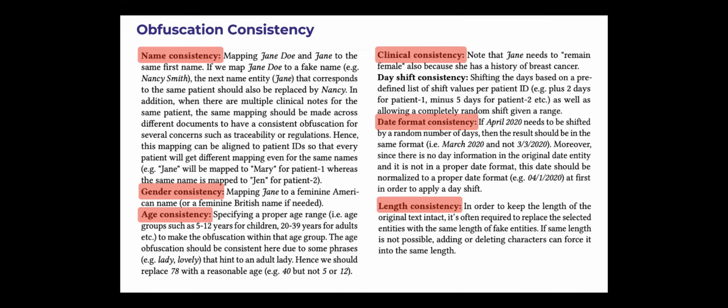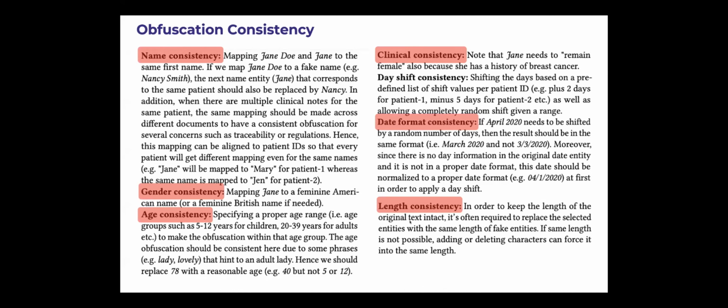Date format consistency is whether it is European format, US format, etc., or if it is something like March, a relative date or partial date, it should be partial as well. To be able to apply this day shift, if you don't have properly formatted dates, you need to normalize them as well. That's why we are using the date normalizer to normalize the date and then apply the day shift.